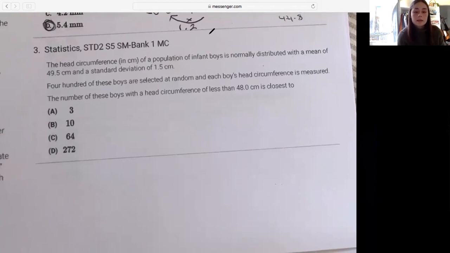So the head of a population of boys is normally distributed. Okay. So for this one, I'm going to draw up that picture with the bell curve so I can see what we're working with.